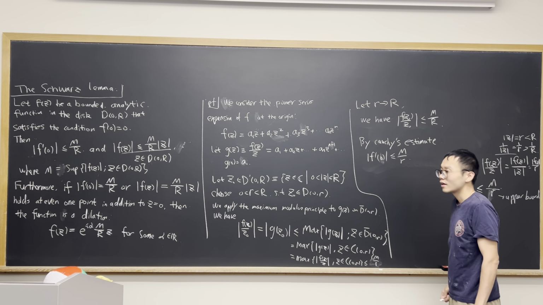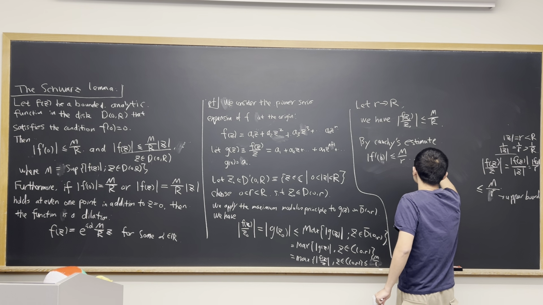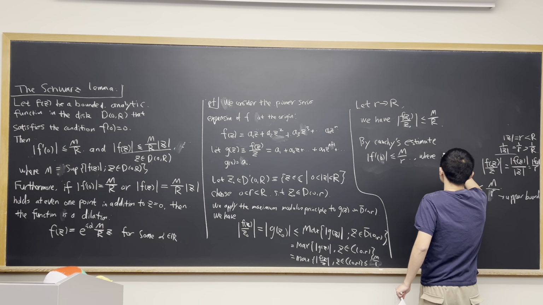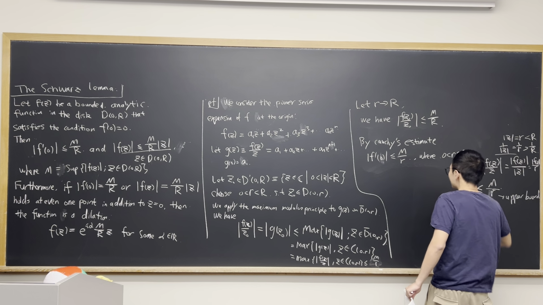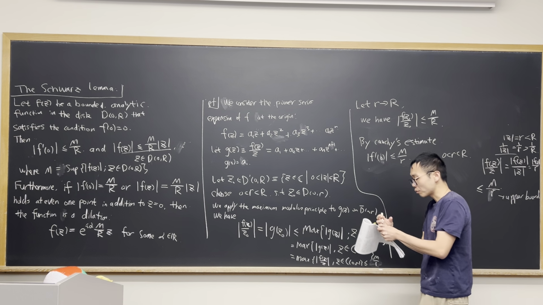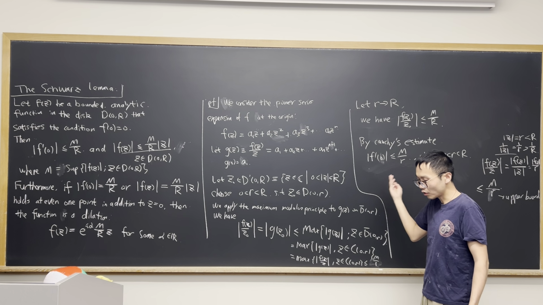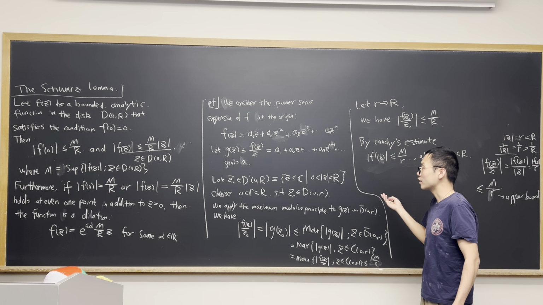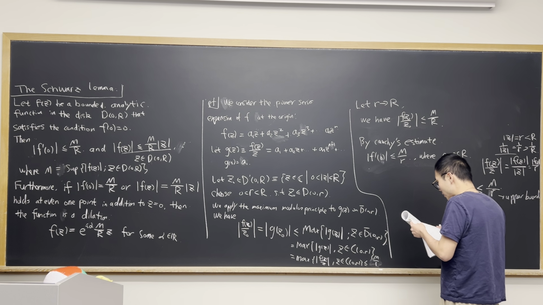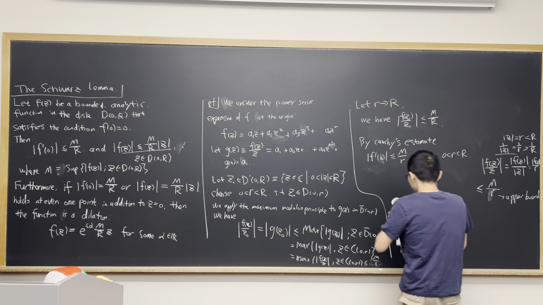So basically the idea is that we pick a smaller disk such that the closure of that small disk is contained in this bigger disk. So we can apply Cauchy's estimate on the small disk.